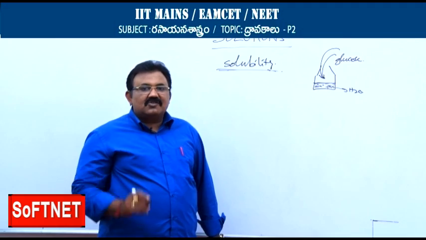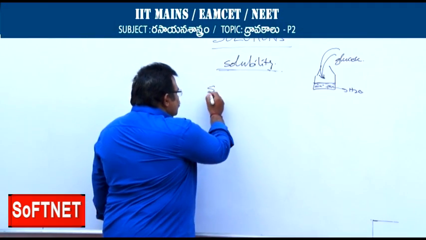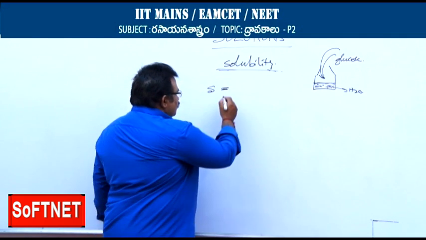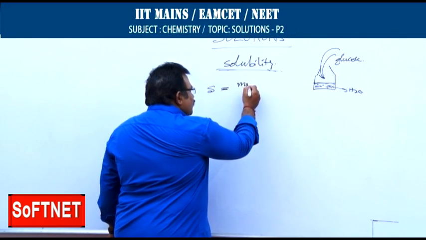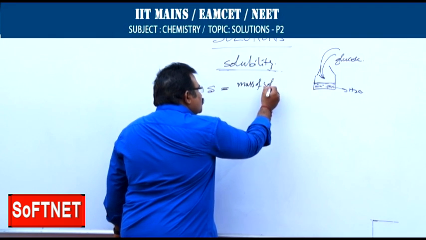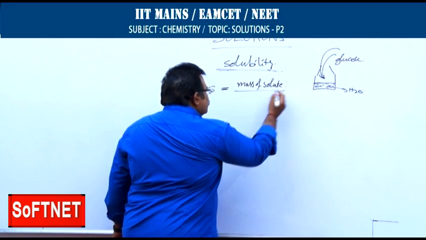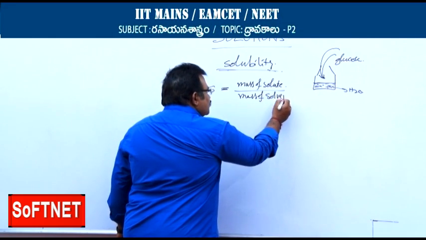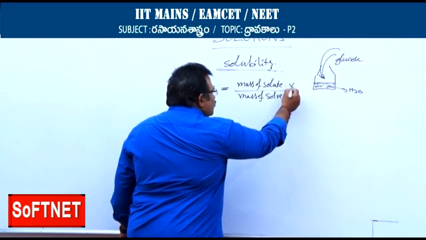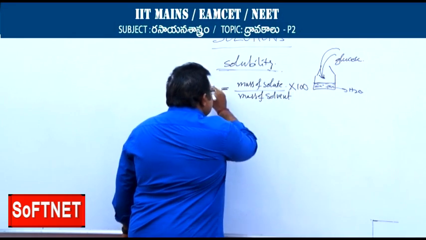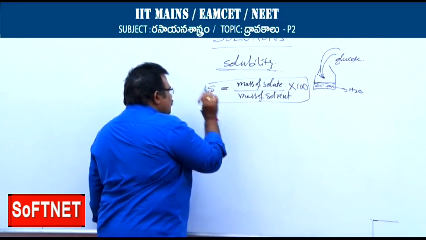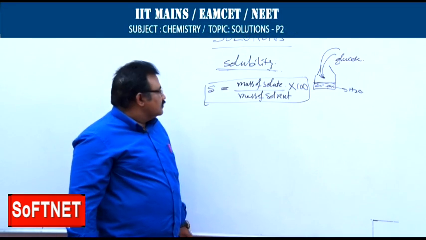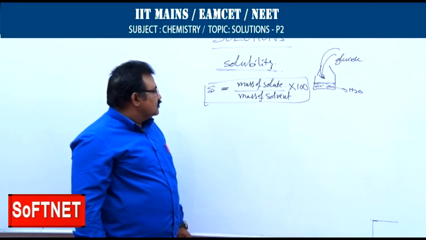This solubility is calculated by using mass of solute by mass of solvent into 100. By using this expression, we will calculate the solubility of solutes.